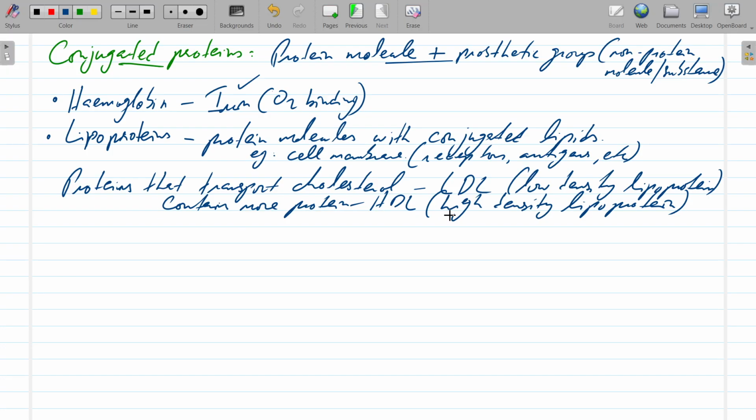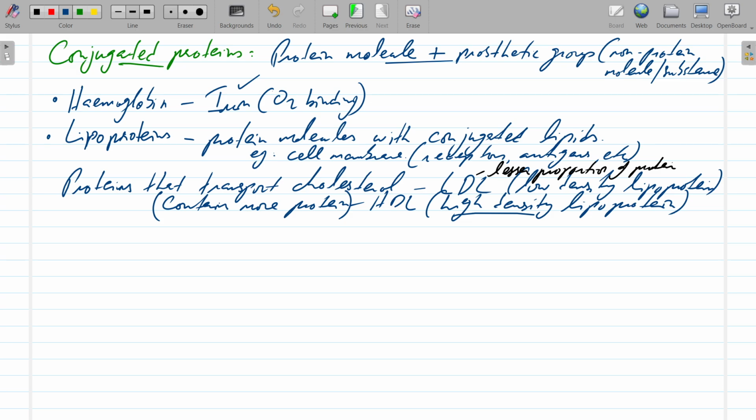So that's why it has a higher density as compared to the LDL. The proportion of protein to lipid in the LDL is lesser. So I just squeeze that in over there. Lesser proportion of protein to lipid.